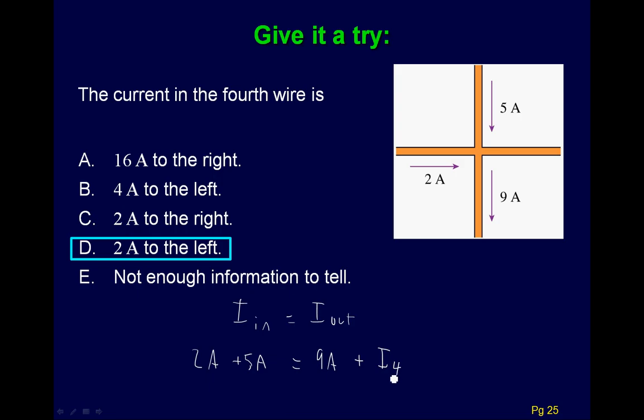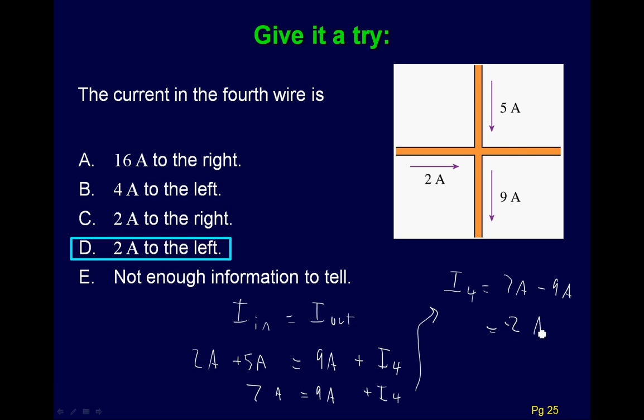But I could be wrong, so who knows. And so here I get a total of 7 amps, and this equals 9 amps plus I4. If I keep working on this, you'll see that I4 will equal 7 amps minus 9 amps, which equals negative 2 amps.